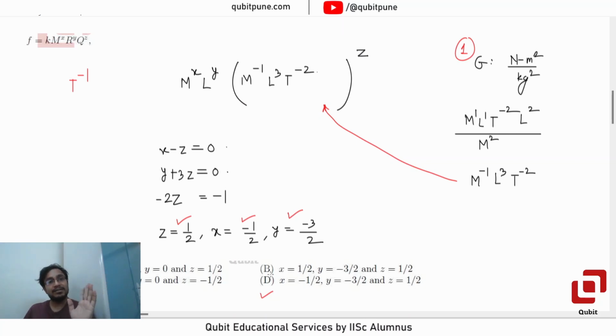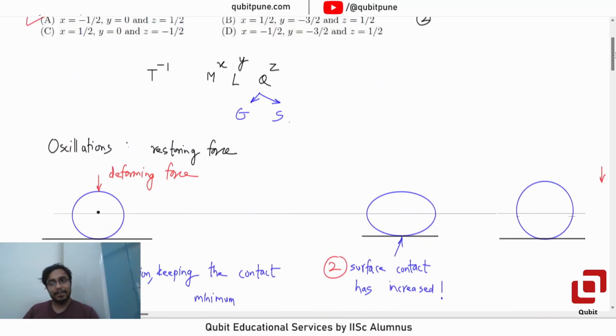So any equation which is dimensionally correct may or may not be of any physical relevance to us. It's not just a blind exercise of putting in the dimensions and reaching a conclusion. Thank you.